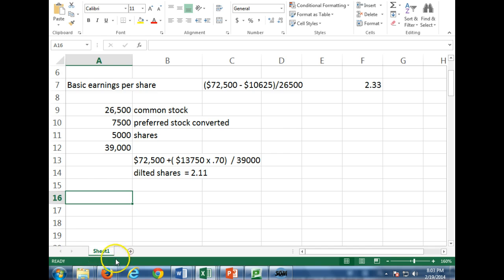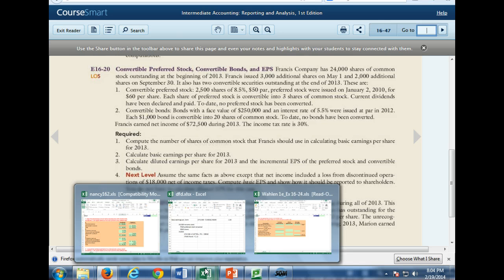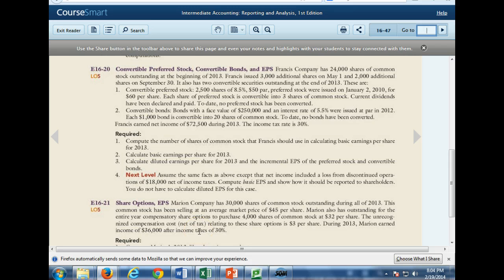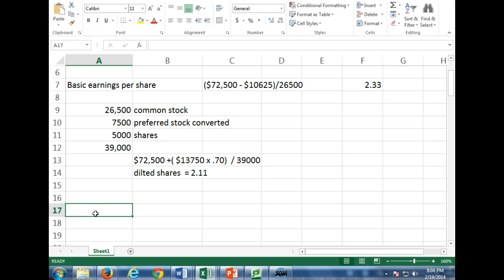Number 4 says, assume the same facts as above, except the net income included a loss from discontinued operations of $18,000 net of income taxes. Compute the basic earnings per share and show how it should be reported to shareholders. You don't have to calculate diluted, but we know how to calculate diluted, don't we? So let's now show a loss from discontinued operations of $18,000. What are we going to do now?